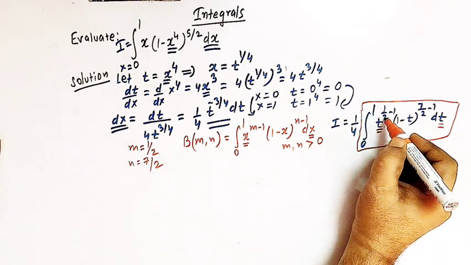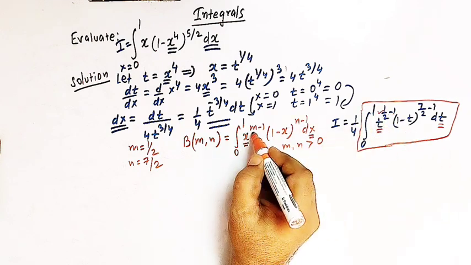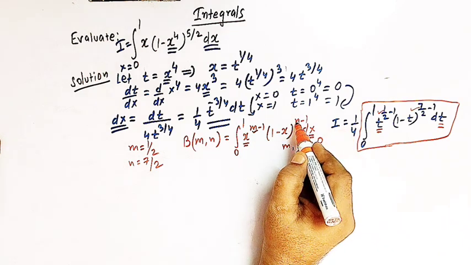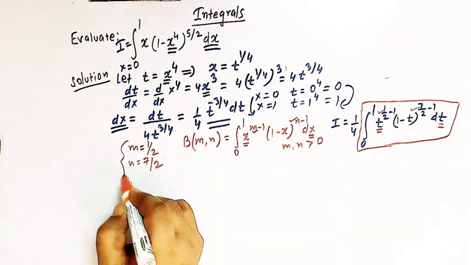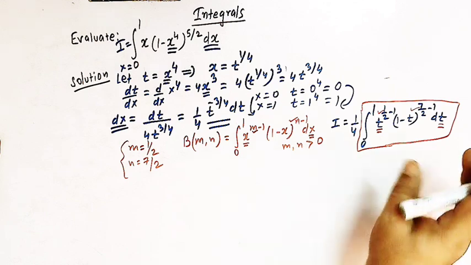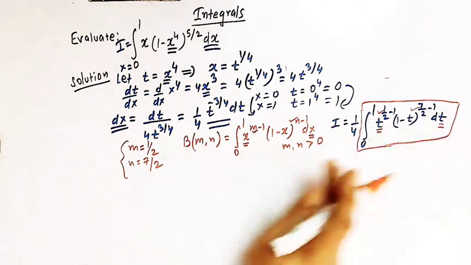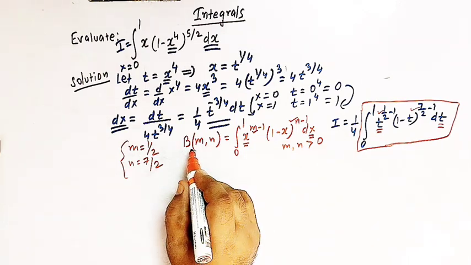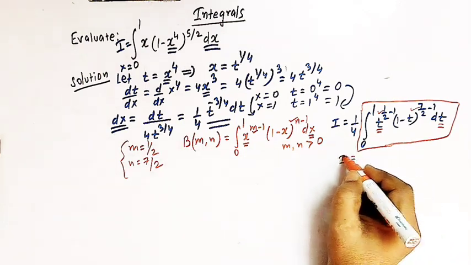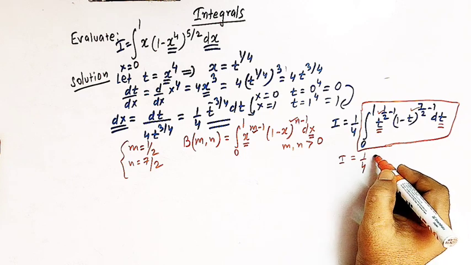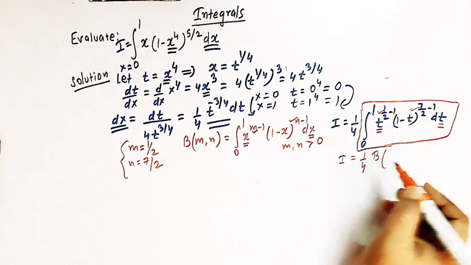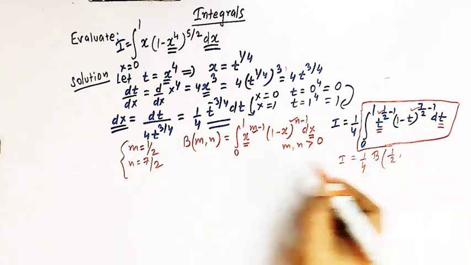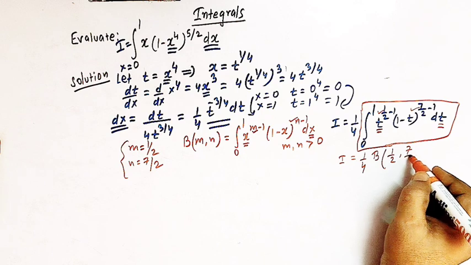So this 1 over 2 is our m, and this 7 over 2 is our n, right? So m is half, n is 7 by 2, and this integral is known as the beta function or the beta integral. So we can now write I is equal to 1 by 4, and here we have beta of m comma n. M is half, and n is 7 over 2.